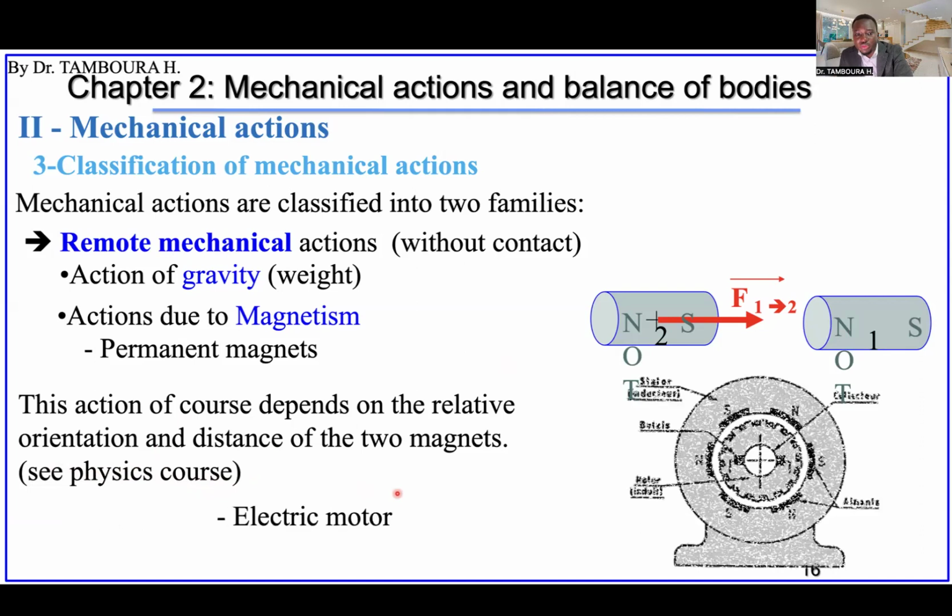So in an electric motor also, we have this kind of magnet. You can see here, south pole, north. These are magnets, south, north, and we have this kind of remote force, remote mechanical actions.